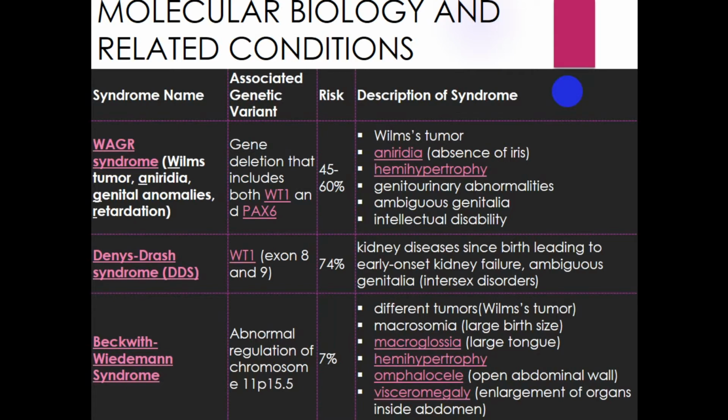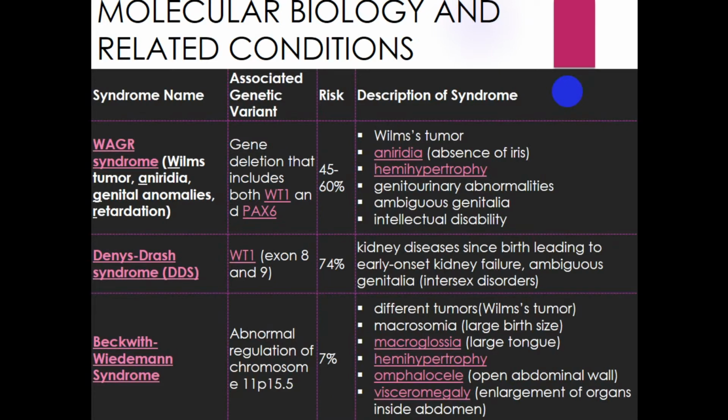The next one is Beckwith-Wiedemann syndrome, BWS. Abnormal regulation of chromosome 11, region p15.5, and the risk is 7%. But you should know about this syndrome to broaden our knowledge.